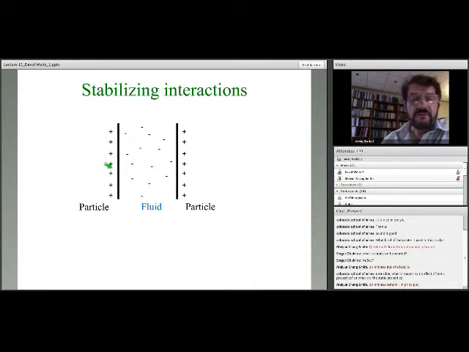And so this leads to a system where there's a positive charge on the surface here, a second positive charge on the surface here, with negative charges in the middle. And you might think, well, the two positive charges of these two surfaces interact with one another and repel one another, and that's what leads to the stability.